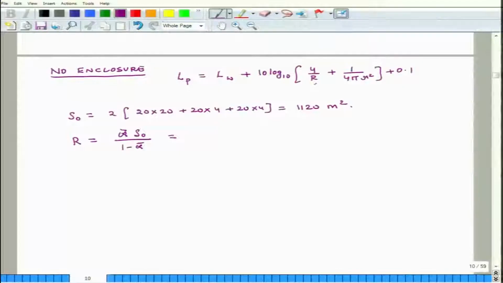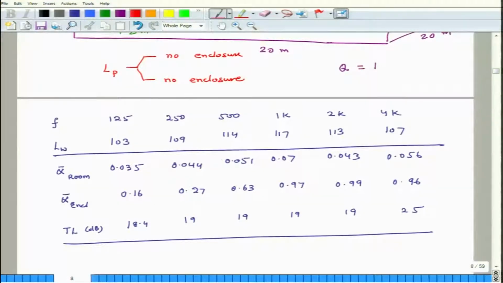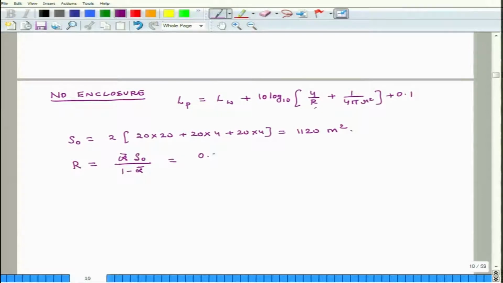Let us look at the table at 500 hertz. At 500 hertz, alpha bar is 0.051. So, this is equal to 0.051 times 1120 divided by 1 minus 0.051, and that works out to be 60.19 meter square. This is at 500 hertz.